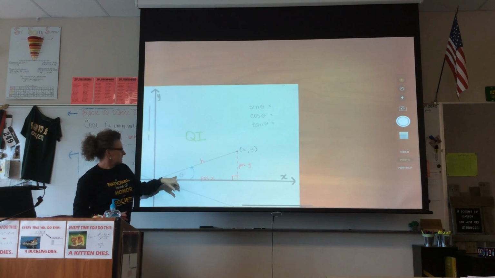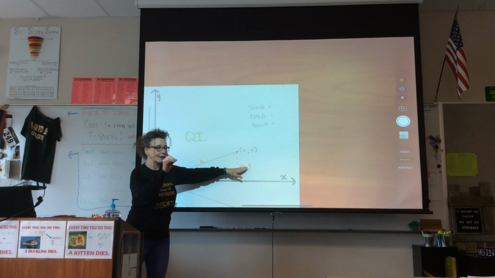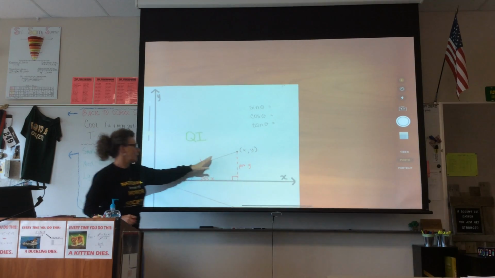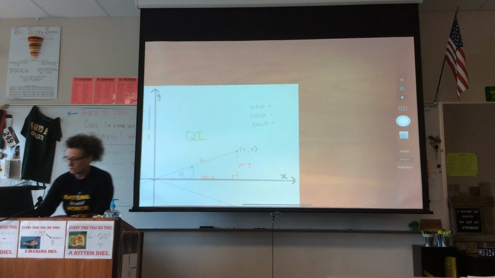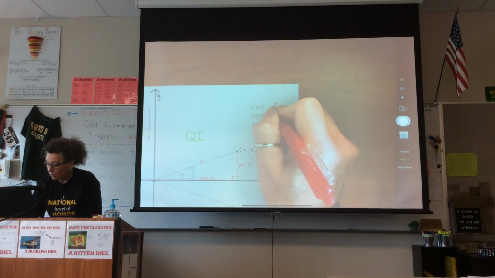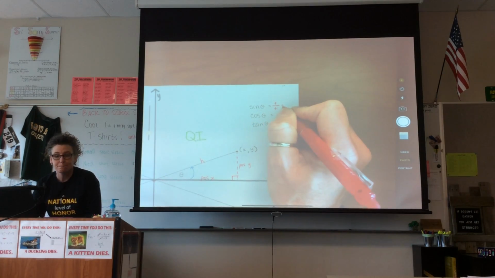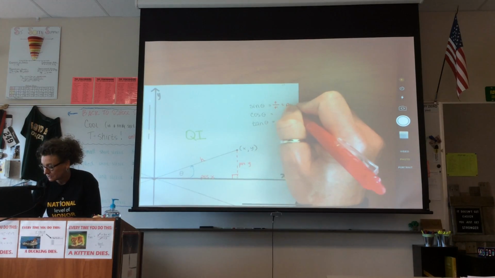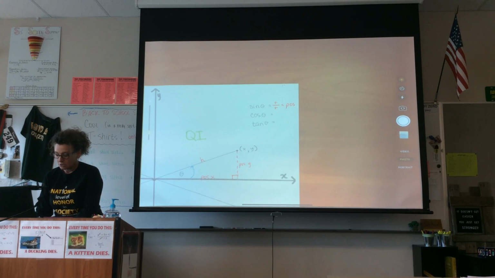Ready? Sine of this angle is going to be opposite, which is a positive y, over hypotenuse, which is a positive h. So I've got a positive over a positive, which reduces to a positive. Positive divided by a positive is a positive. Let's do cosine.